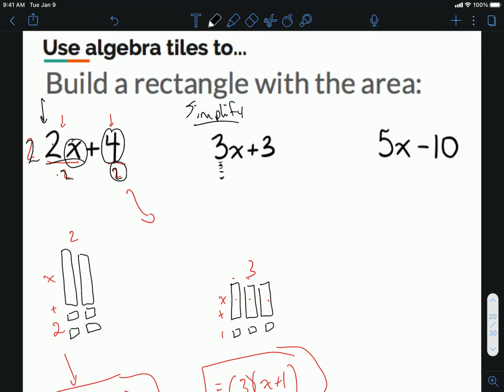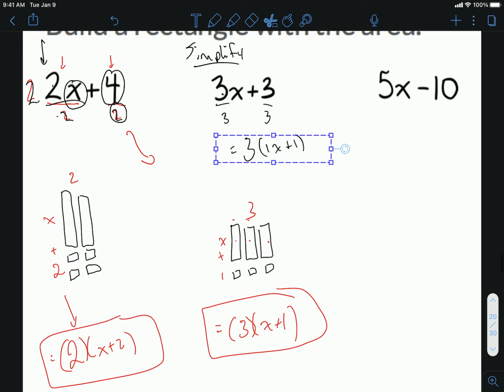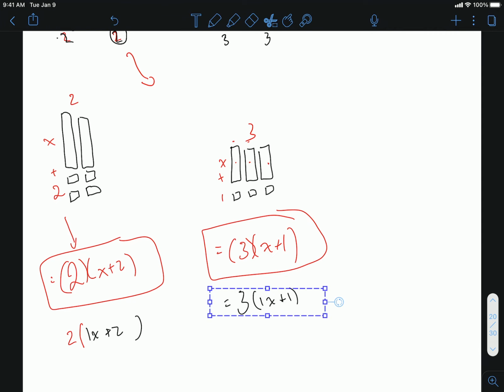The chances are you look at this and say, okay, I know I can divide both of these by 3. When I do that, I have to write the 3 out front, and then you tell me what's left after I do that. 3 divided by 3 is 1x. 3 divided by 3 is plus 1.